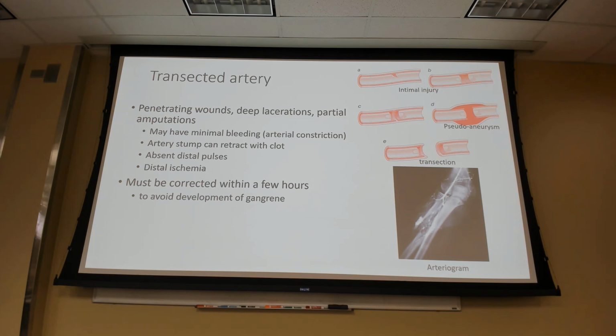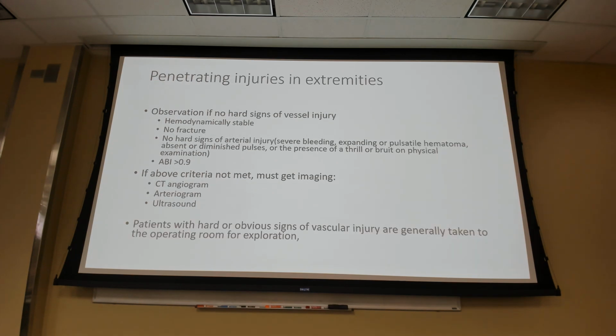And like I said, it's got to be corrected quickly, so this is emergent. All right. So, like I said with the hard signs, if there's no hard signs and they're hemodynamically stable and we don't have a fracture, we can obs them. And typically, we've got to get that ABI. So, we like to have a normal ABI, or over 1.